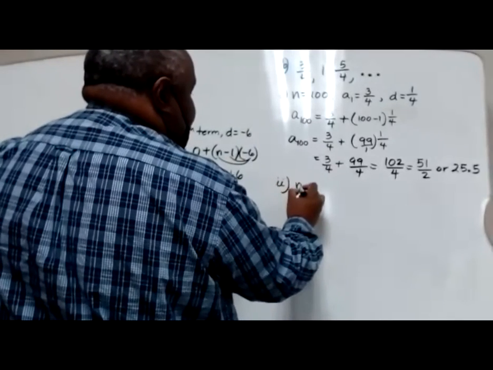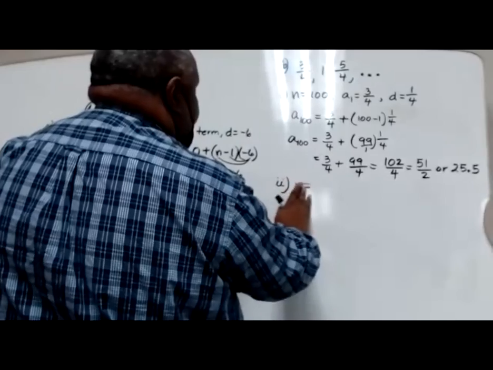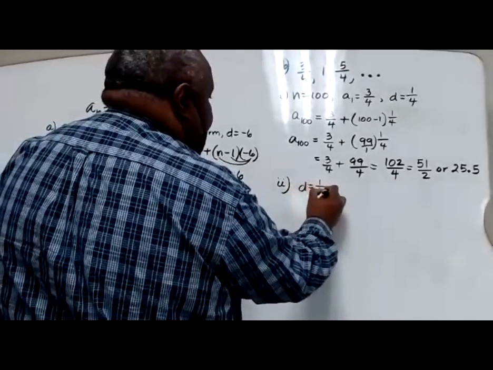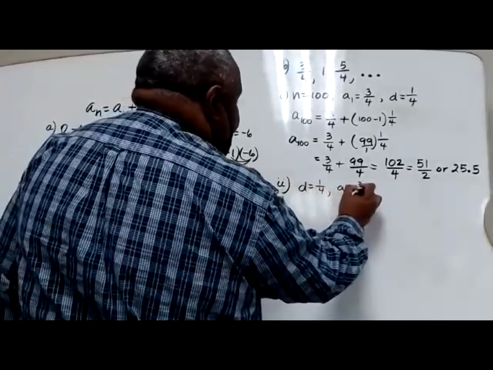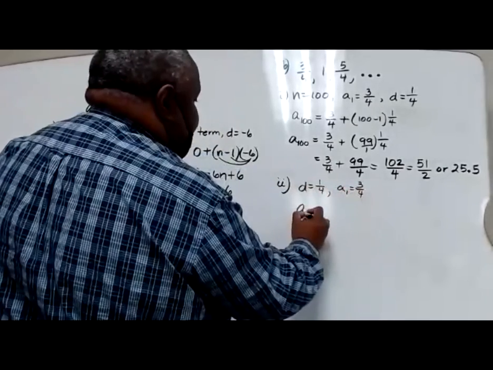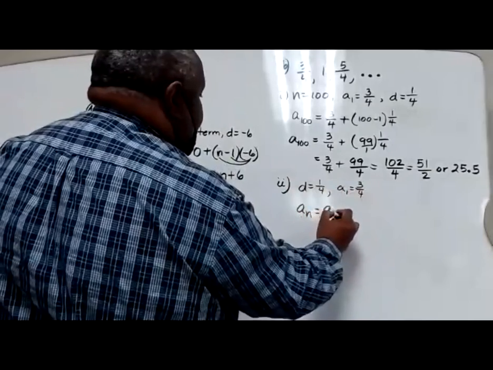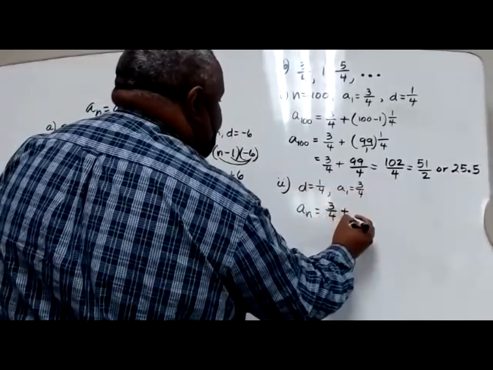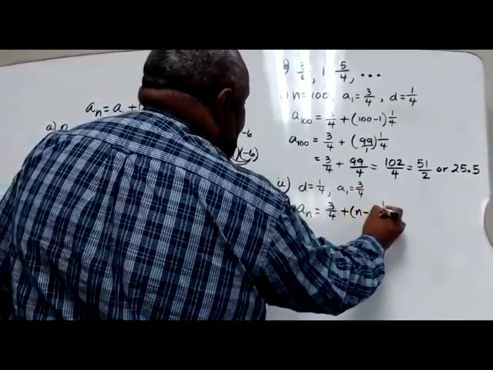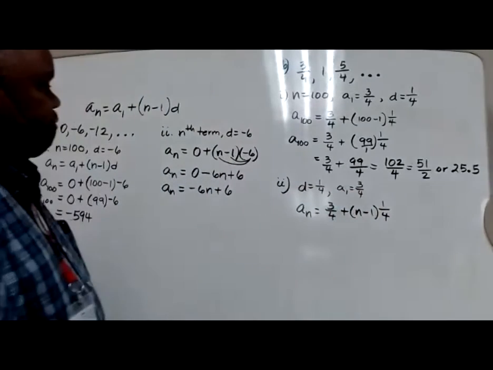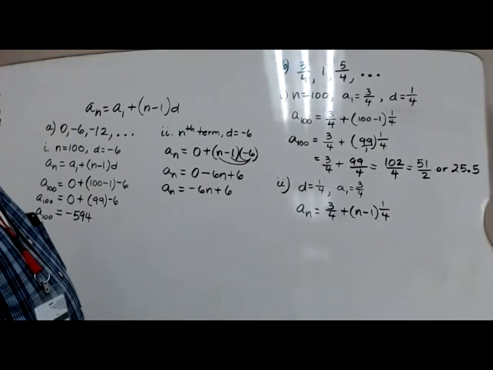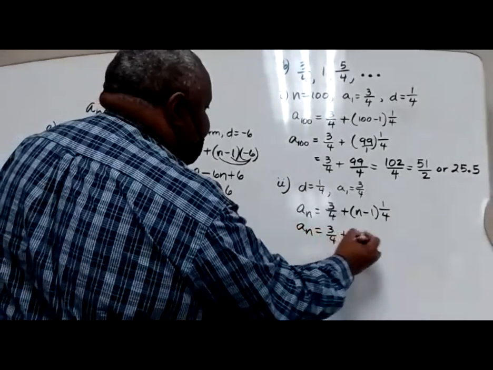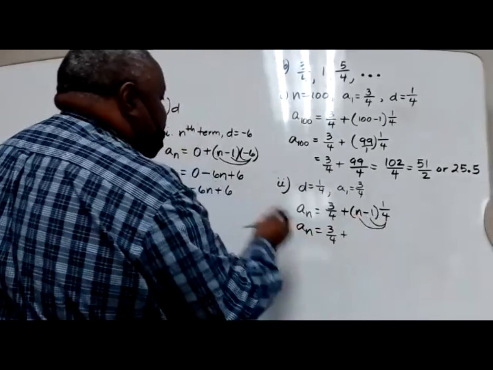The nth term, it's just going to be general. You're still going to have your common difference of 1/4, and A sub 1 will be 3/4. So in this case here, A sub n is equal to A sub 1, which is 3/4, plus n minus 1 multiplied by 1/4. All right, let's see what we can do with this here. Bring down the 3/4, distribute the 1/4 over the n minus 1.